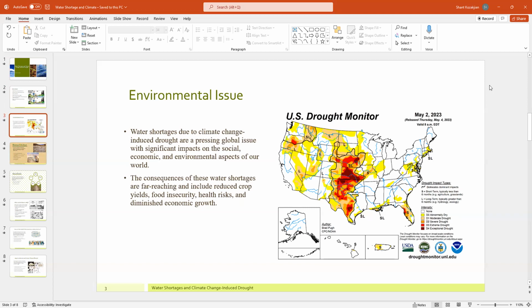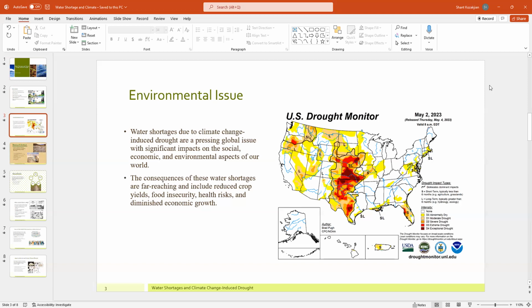The consequences of these water shortages are far-reaching and include reduced crop yields, food insecurity, health risks, and diminished economic growth. Due to this crisis, several strategies have been proposed, including rainwater harvesting, rational water usage practices, and the development of more efficient water management systems, which we'll get more into throughout the slides.